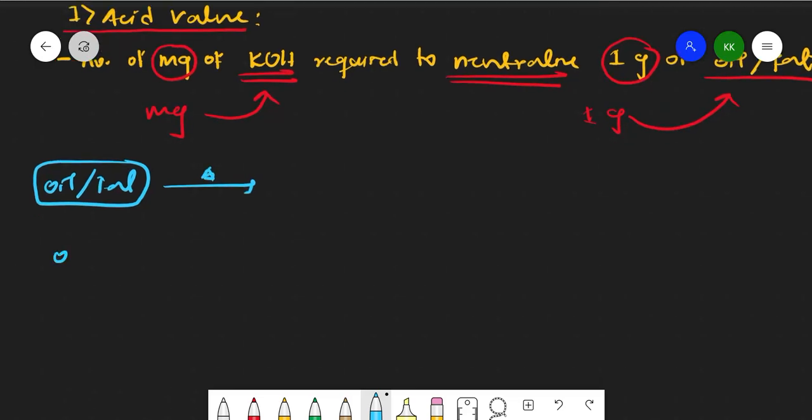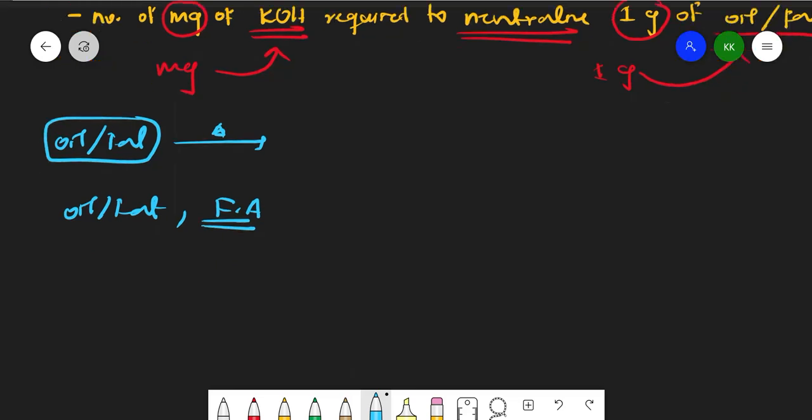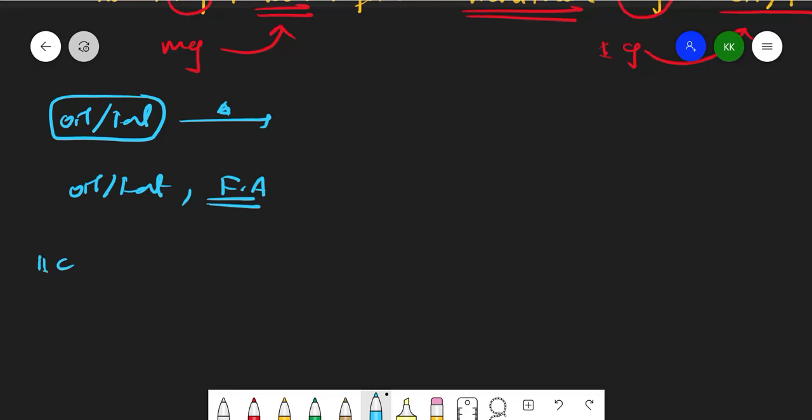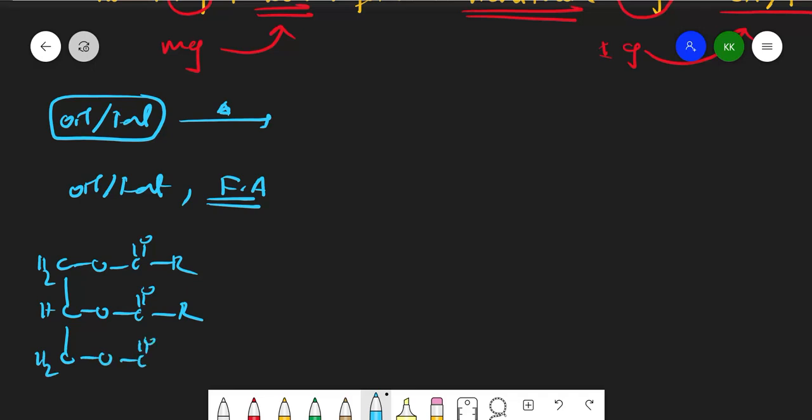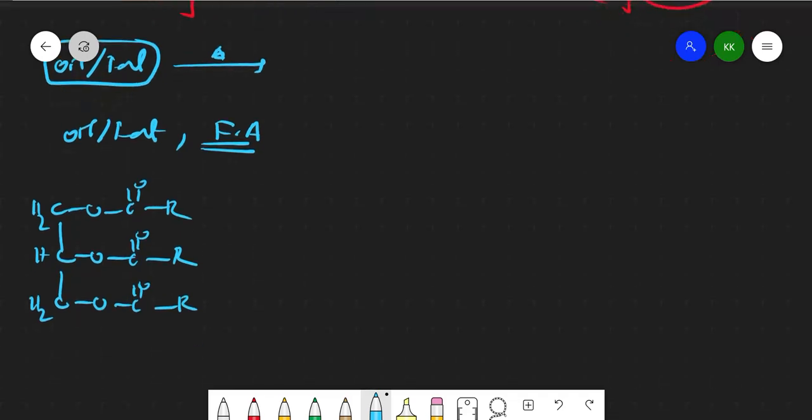So along with oil or fat we get fatty acid, right? Because oil or fat, if I want to write it simply, is CH2OCOR, again CH2OCOR. This is the formula of oil and fat. In harsh conditions this oxygen-carbon bond can be cleaved here.